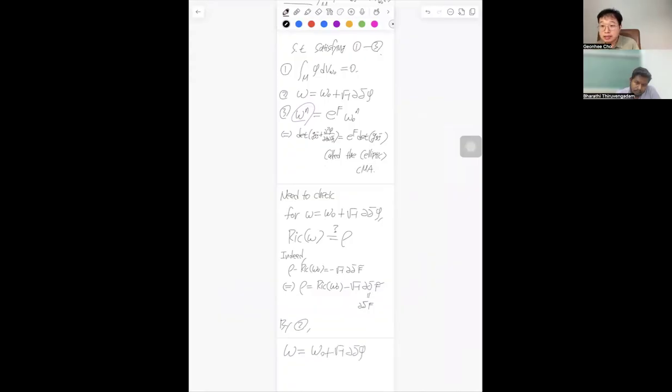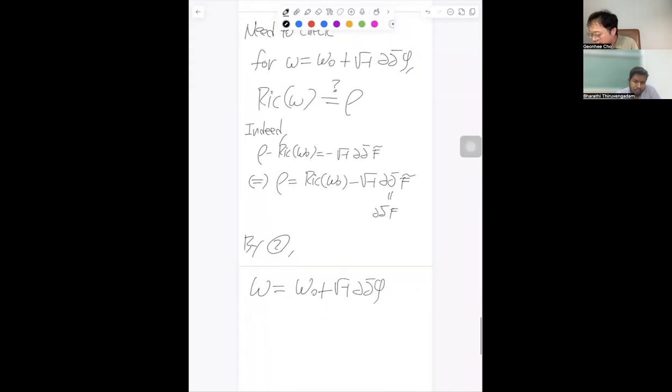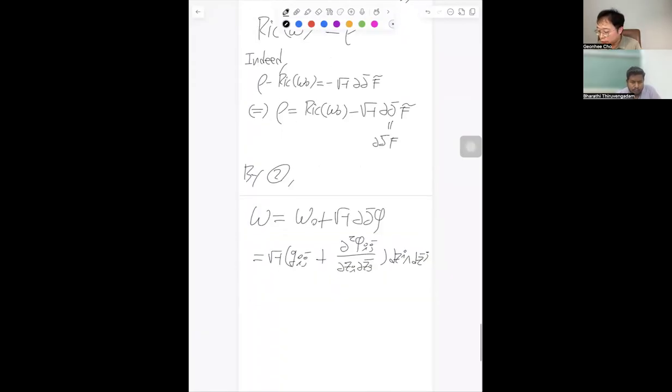This is the same as g_{i j bar} plus this guy in local coordinates. So I'd like to take the wedge up to n times.